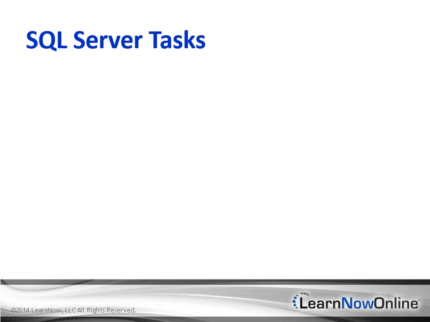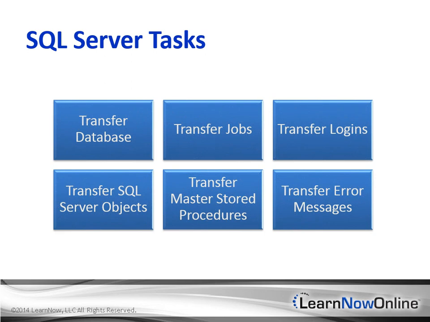All right, next up are SQL Server tasks. This includes tasks that directly access or modify SQL Server objects and data. As you can see, these are pretty much all transfer tasks for moving objects from one location to another. You can transfer a database, which transfers an entire database using Server Management Objects. Transfer jobs transfers SQL Agent jobs from one server instance to another.